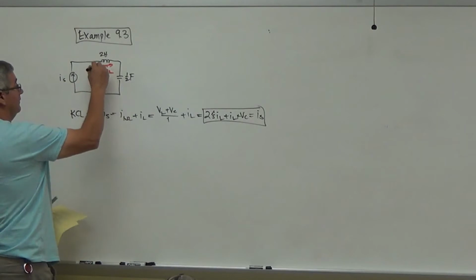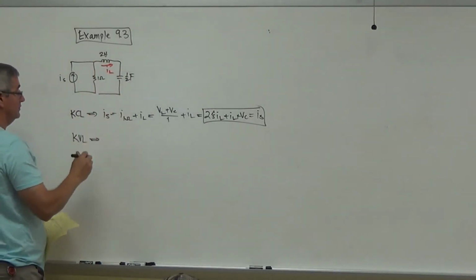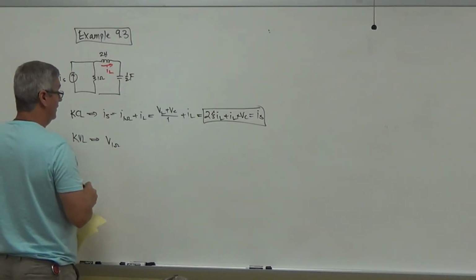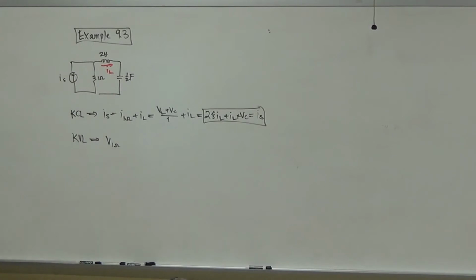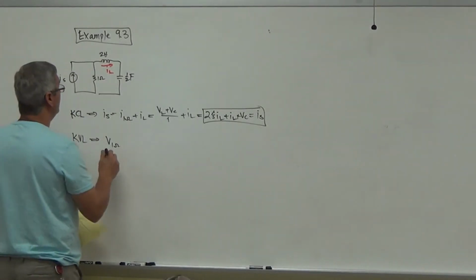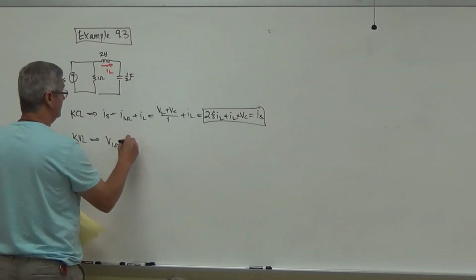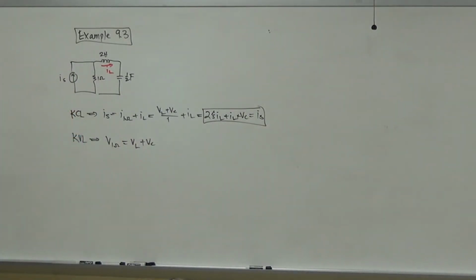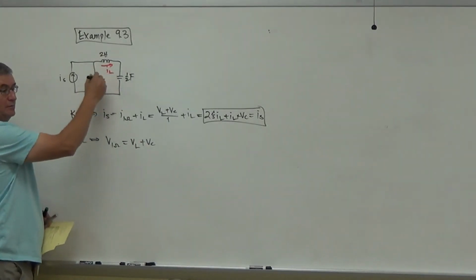What I'm going to do here is use a KVL around this loop here. So the voltage of the 1 ohm must be, oh man, there's a lot of ways I can do this. The voltage of the 1 ohm has to be what? Equal to the voltage of the inductor plus the voltage of the capacitor. So how do I get the voltage of the inductor? Note, I already used this loop here.